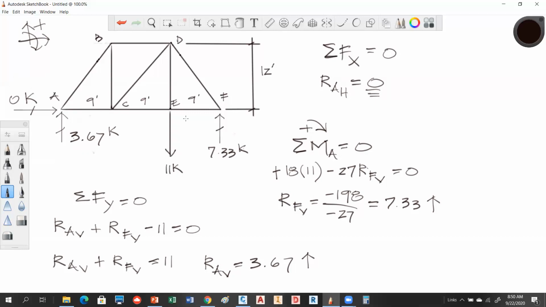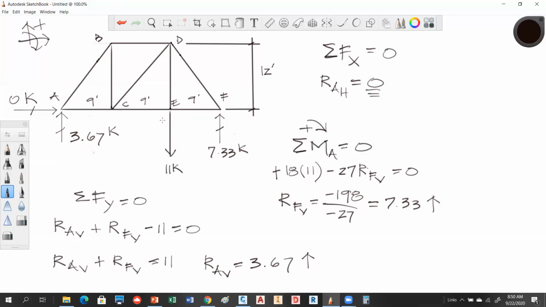Okay. So if we're going to start at a joint, let's just kind of look at this. B has absolutely no information. Do you see that? I don't know what that joint is. I don't know what that member AB is. I don't know what CB. I don't know what BD. This would be a horrible place to start. Same thing with D. There's too many members and there's nothing coming into it or out of it.